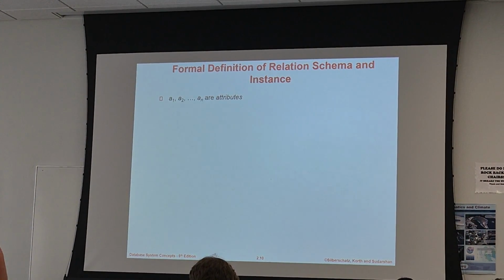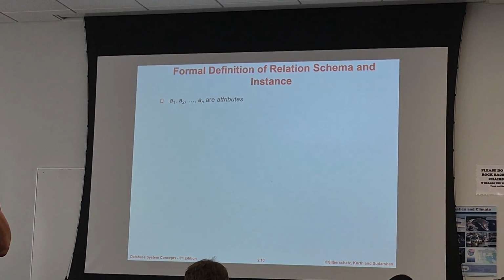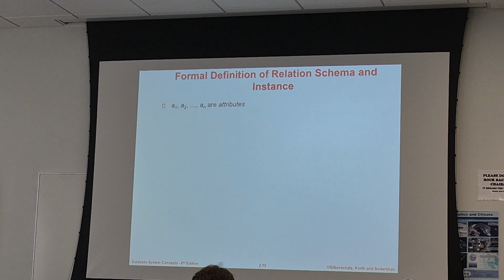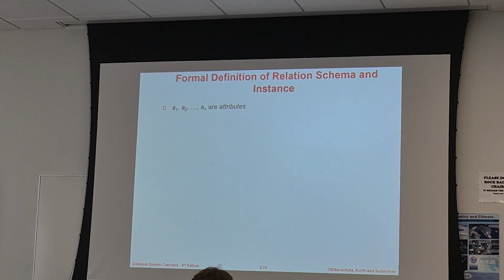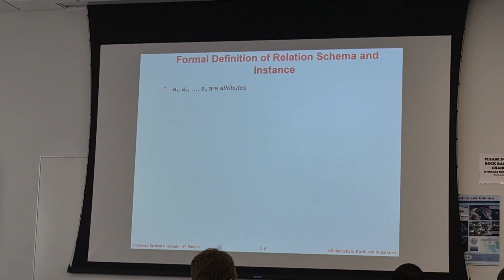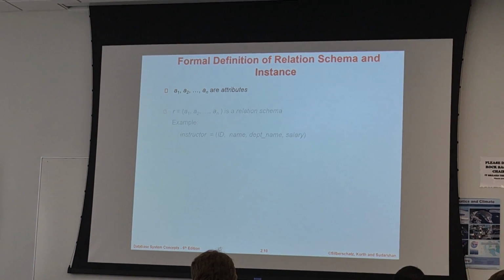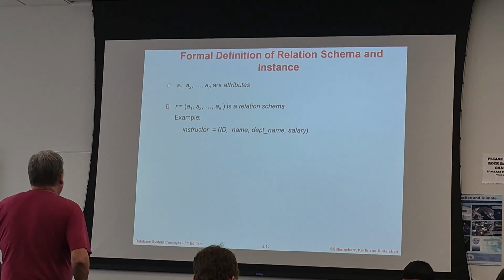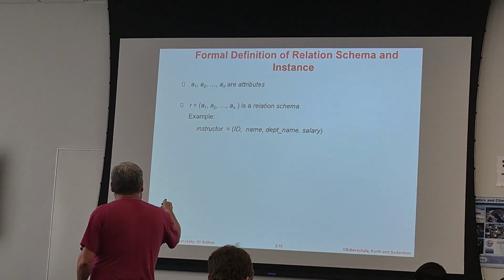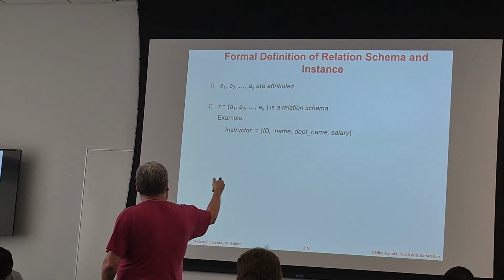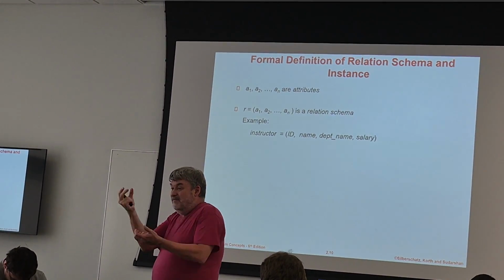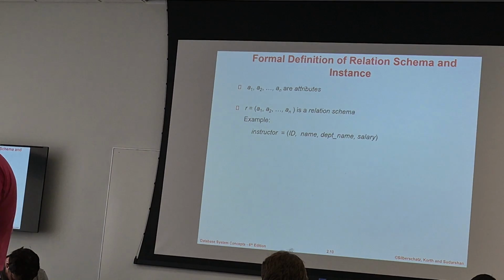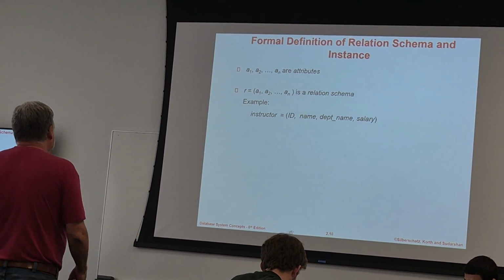I'm just going to represent them with the variables a sub 1, a sub 2, a sub 3, all the way out to a sub n, where n is the number of columns in your table schema, in your table design. A relation, R, is going to consist of particular values, A1, A2, A3, basically all of the values that you see in each of the columns inside that table. We're going to call that a relation schema.